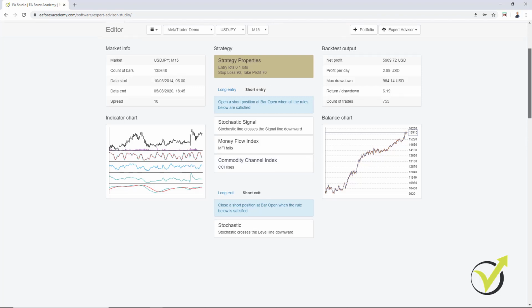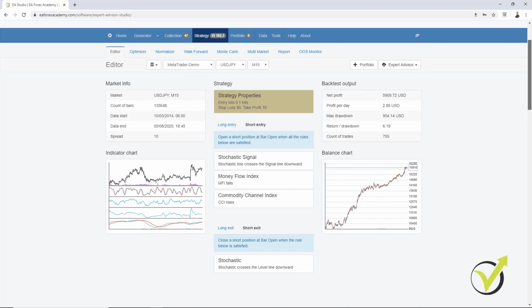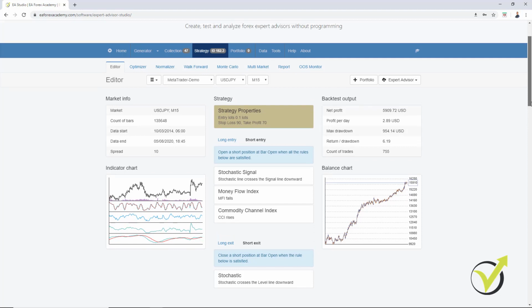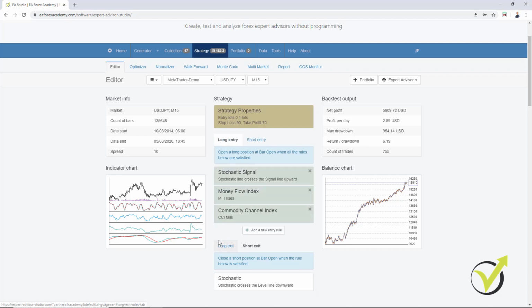What I would suggest you to do just to practice trading with this strategy, whether on the MetaTrader platform manually or algorithmically, it's up to you. But what you can do is build this strategy with Expert Advisor Studio for your broker, for your historical data, and just add the indicators one by one using the parameters that I have shared with you.